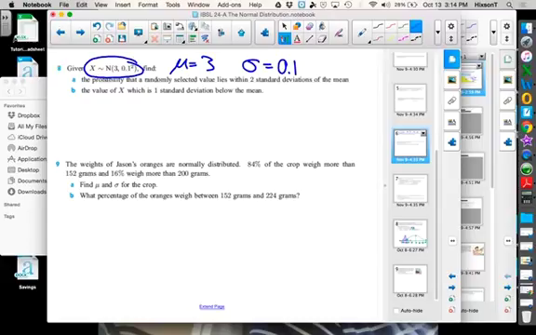Now, part A here, we don't even need that data for. Okay? Because no matter what data we're looking at, if it's distributed normally, what percent is going to be within 2 standard deviations of the mean? That's between 1 and 2.